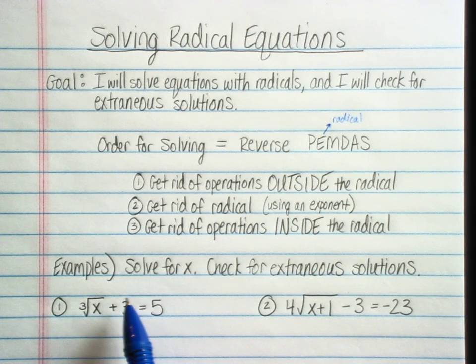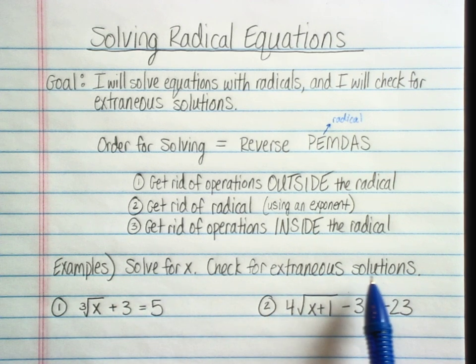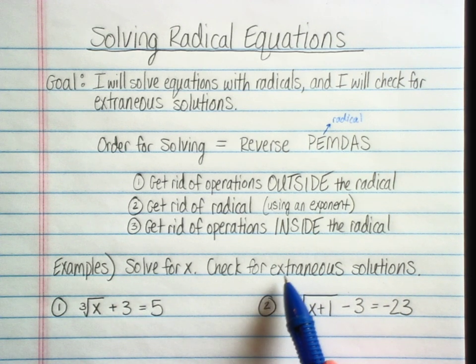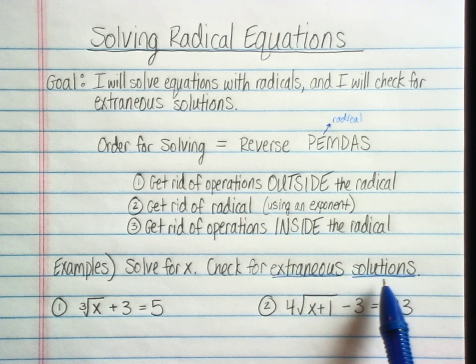All right. For these examples, we're going to solve for x, and we're going to check for extraneous solutions. Just a reminder, extraneous solutions are solutions that you get correctly when you're solving, but when you substitute them back into the equation, they don't give you a true statement anymore. So they're solutions that are actually invalid after you double check yourself.